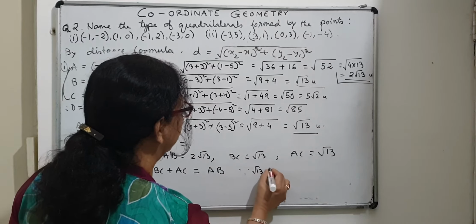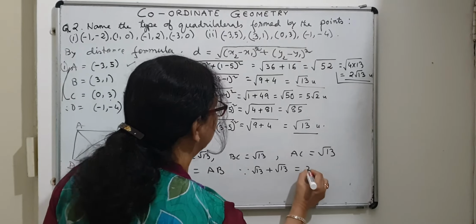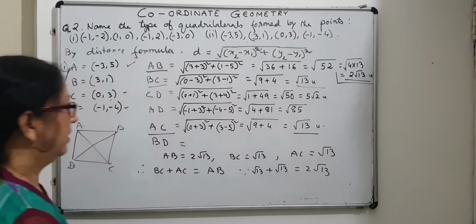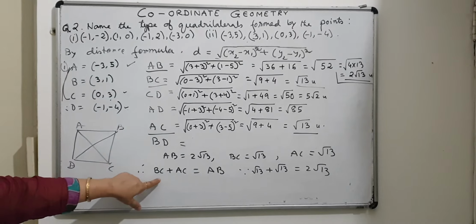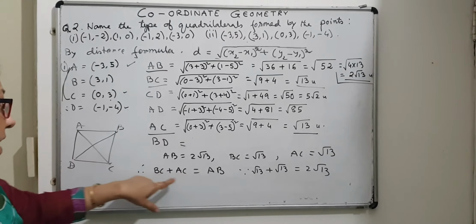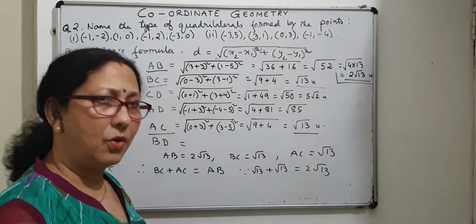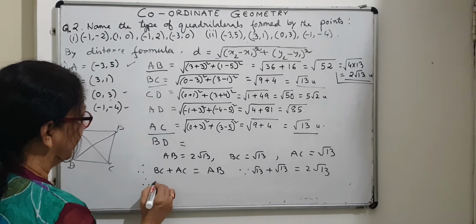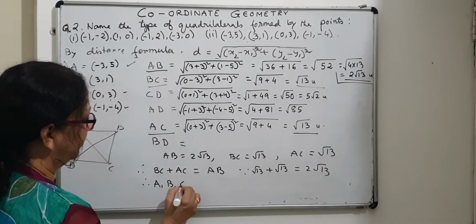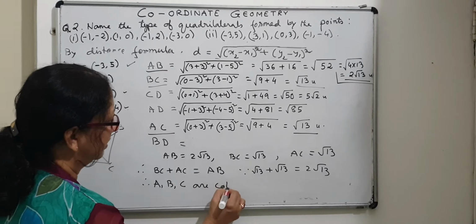Root 13 plus root 13 is equal to 2 root 13. That's why BC plus AC is AB. Then what does it mean? It means that the sum of these two is equal to this. That means A, B, C will be collinear, because we know this. So therefore A, B, C are collinear.